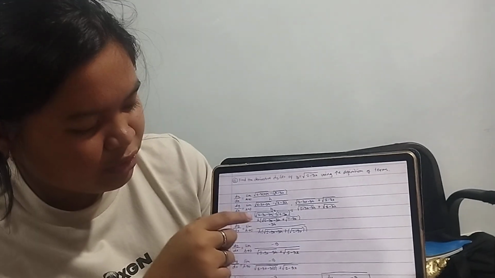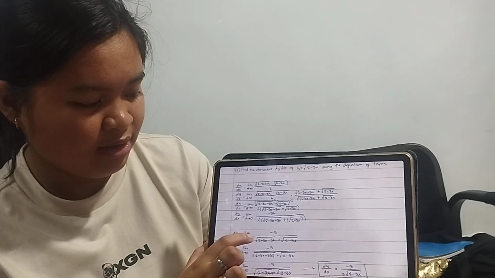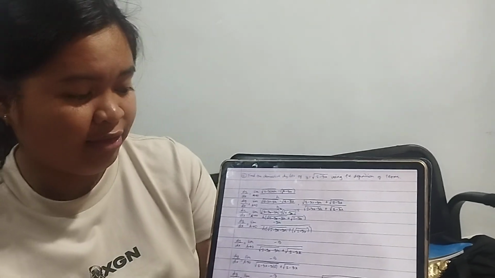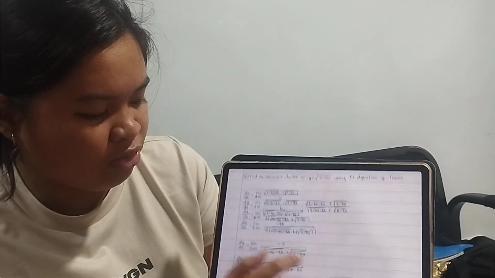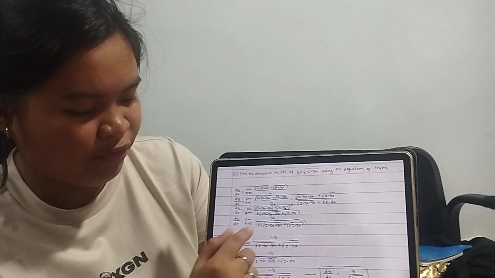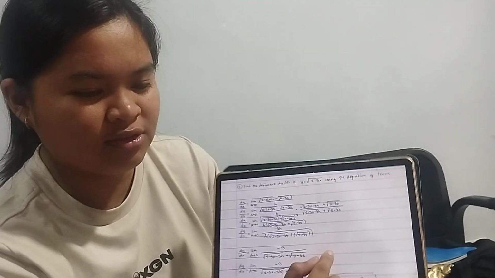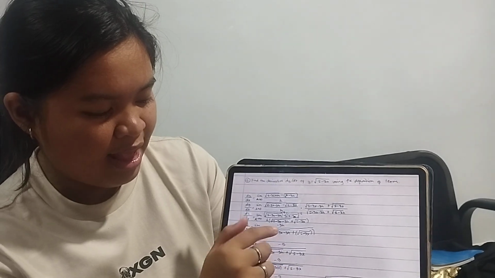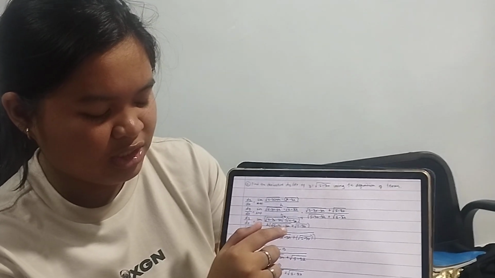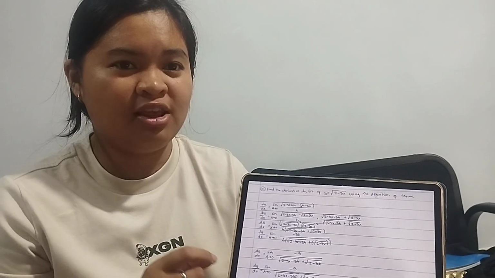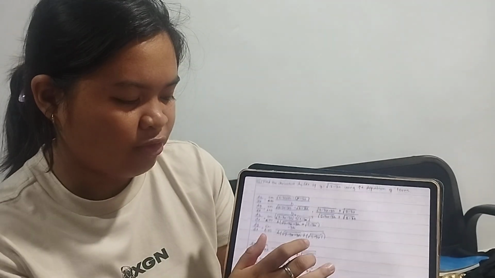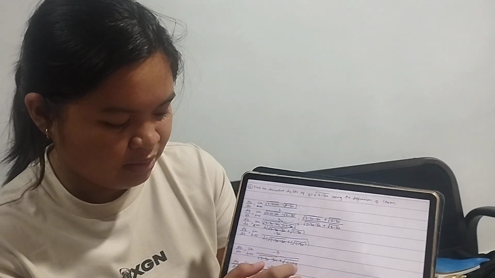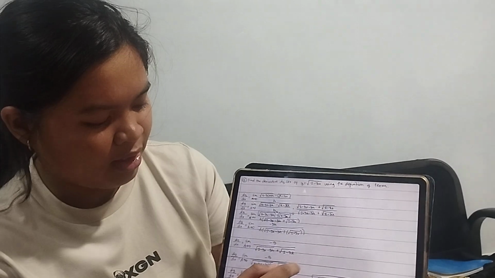So after dropping the radical sign, we combined like terms, which resulted in negative 3h over h. Since the numerator and the denominator have a common factor, which is h, it was divided as well, thus the h is gone.